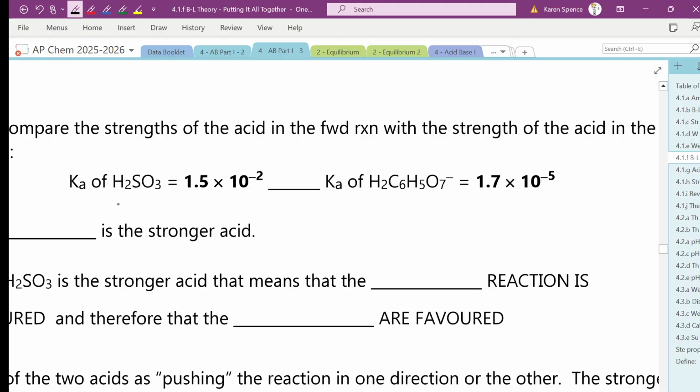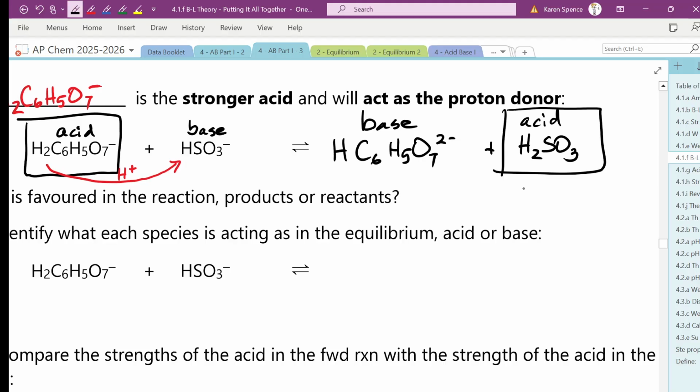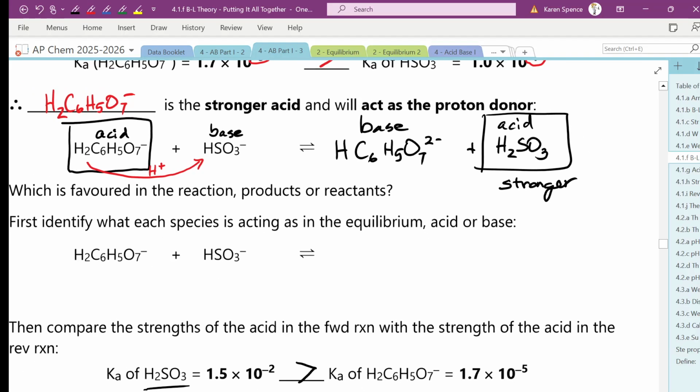And we have the Ka of H2SO3 is bigger than the Ka of H2C6H5O7 negative. So that means that this one is stronger and this one is weaker. So who is going to be the stronger base? Remember, the weaker the acid, the stronger its conjugate base.